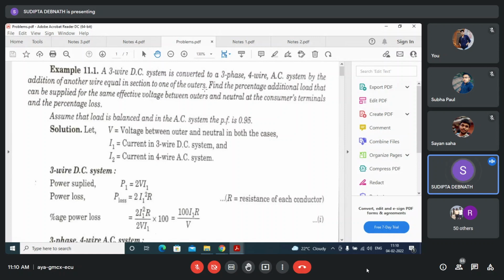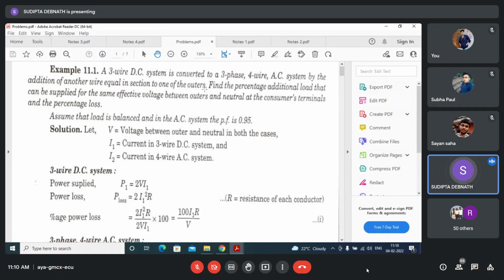Find the percentage additional load that can be supplied for the same effective voltage between outers and neutral at the consumer terminals and the percentage loss. So they have asked to find out what additional load that AC system can supply with respect to the old DC system.